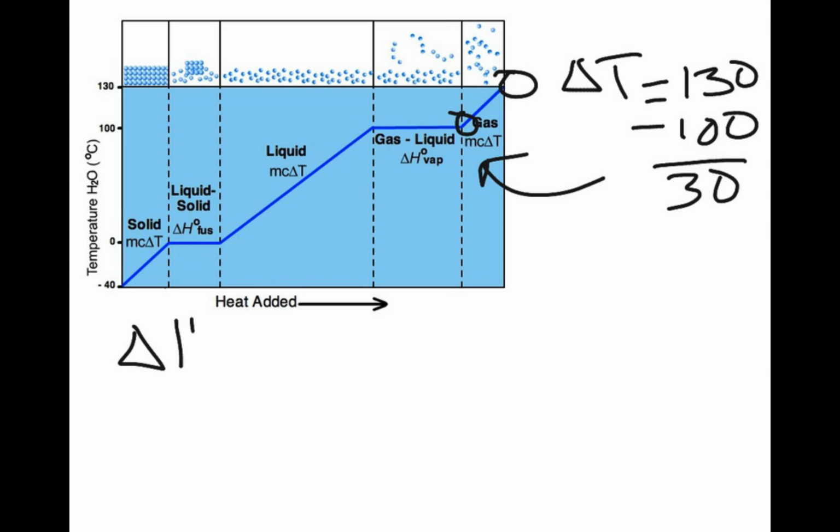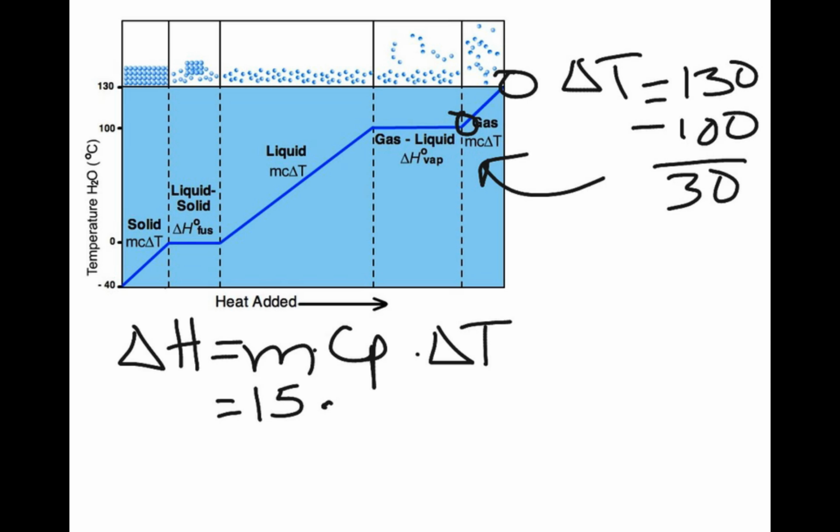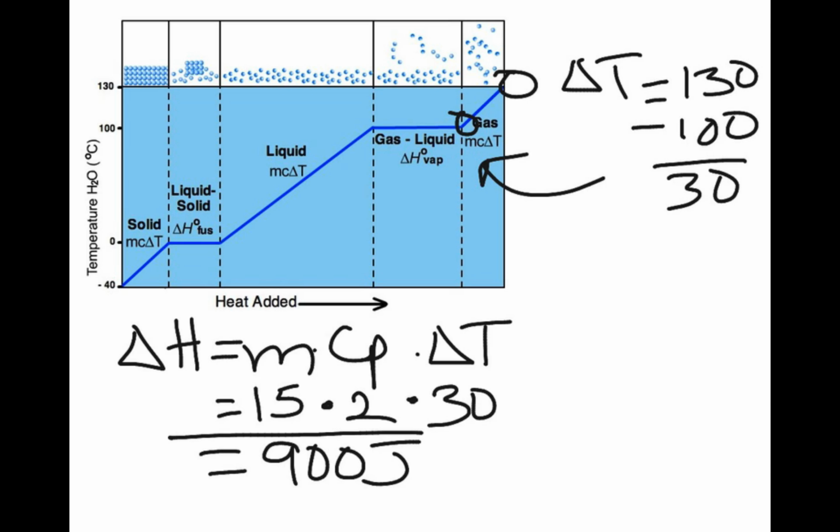Here's our formula. Delta H equals M times Cp times delta T. Our mass is 15. Our specific heat of steam is 2. And our delta T is 30. So when we multiply this together, we get 900 joules of heat are needed to increase the temperature of steam at 100 degrees to steam at 130 degrees.